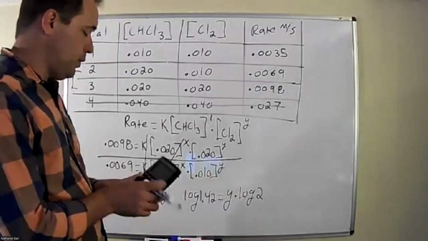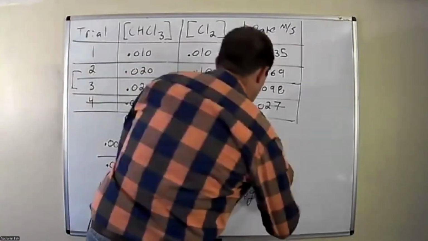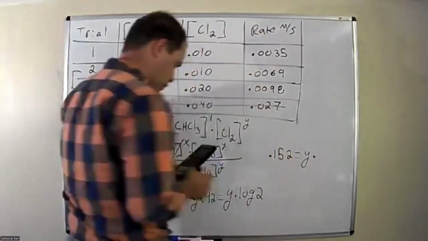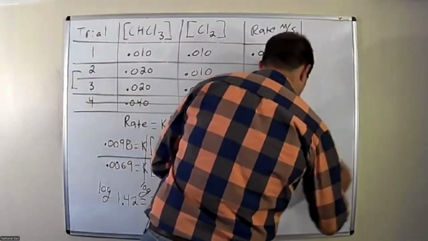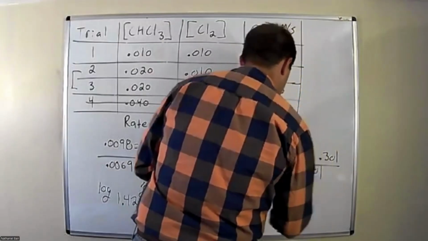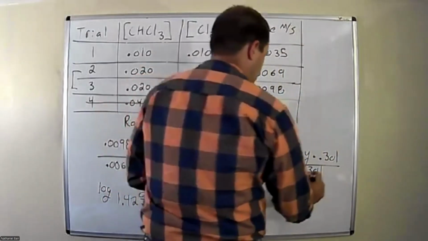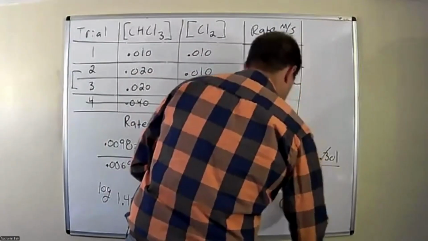The log of 1.42 is 0.152 equals y times the log of 2, which is 0.301. And now we want to get y, so we're going to divide by 0.301. 0.152 divided by 0.301, y equals 0.5.